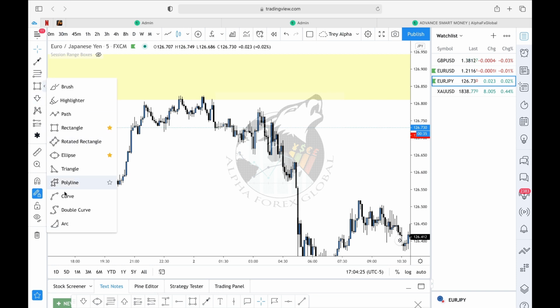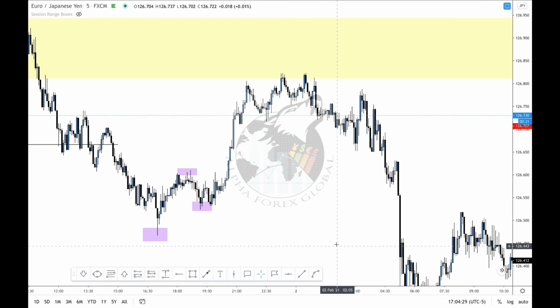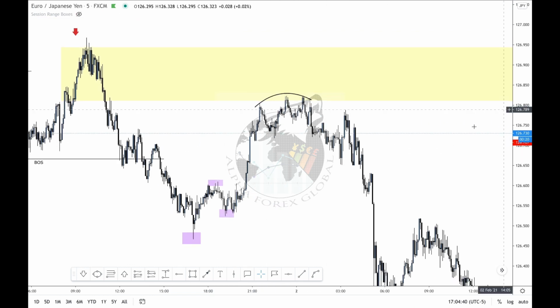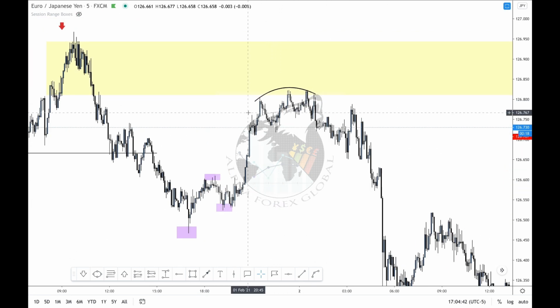Hold on, let me find that tool. Alright, so here we basically see a curve when price approaches our point of interest right here. So we're basically seeing this curve. What this curve is basically showing is that the market is at a turning point, right?